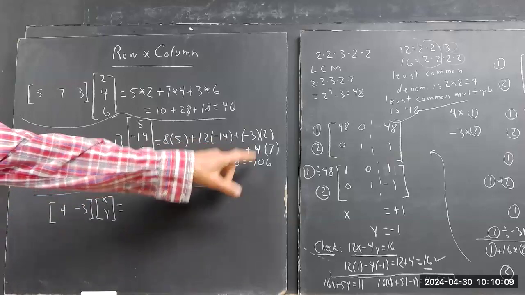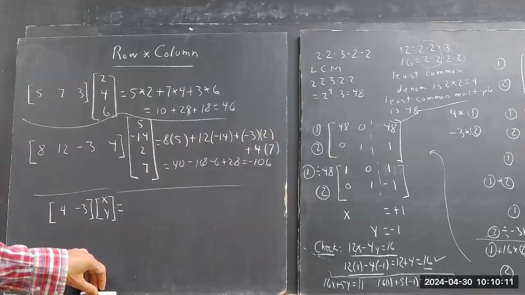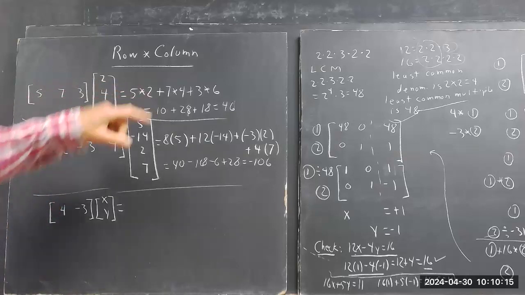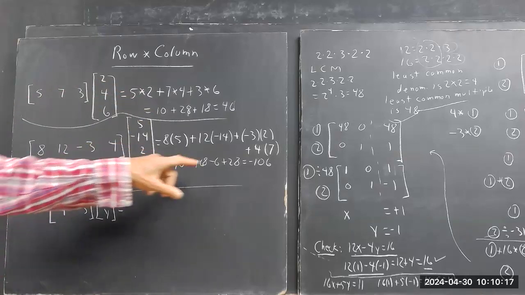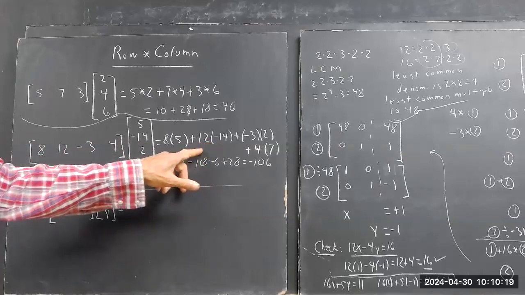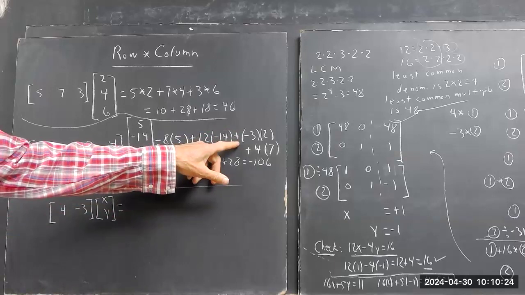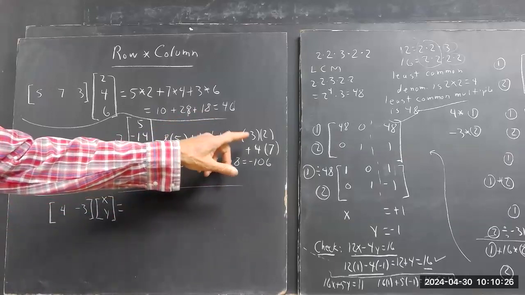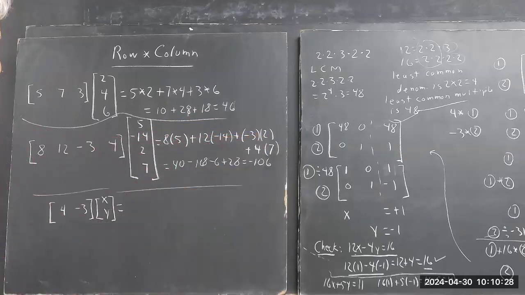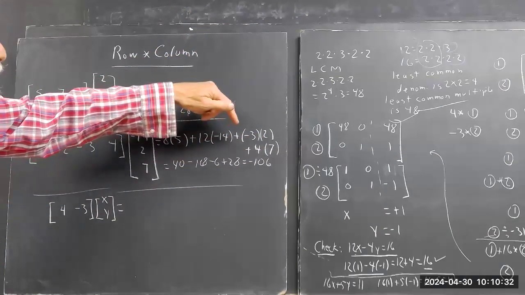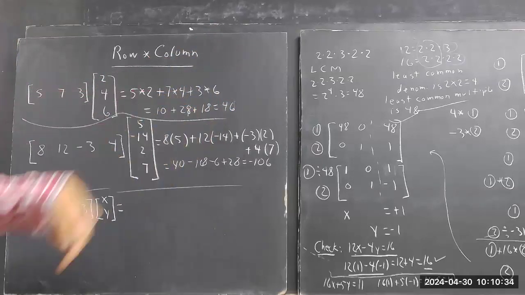You want to use parentheses around all your negatives. So we want to be careful about that, so that when we match these up, if we got a -14 here, make sure it's in parentheses multiplied by the 12. Got a -3 here. We're going to put the plus because it's always plus, but then we're going to have a -3 times 2. Well, then that does give you a -6 that we had down here.